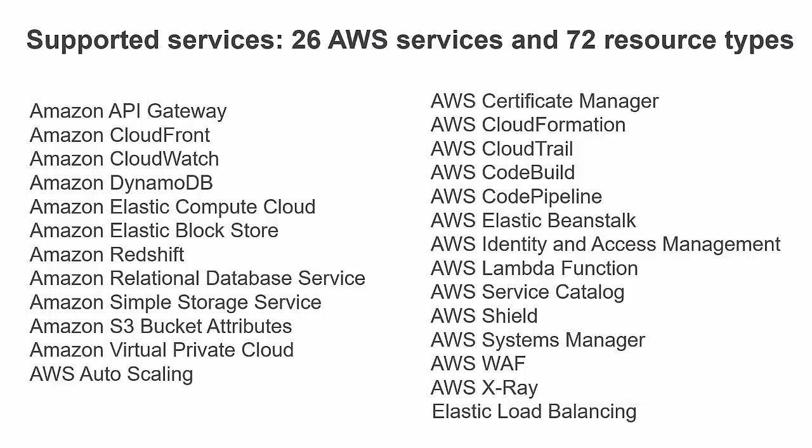So today we support about 72 different resource types spread across 26 AWS services. Now this covers most of the commonly used services that need to be tracked from a governance perspective, and we are committed to continue adding support for more services over time.